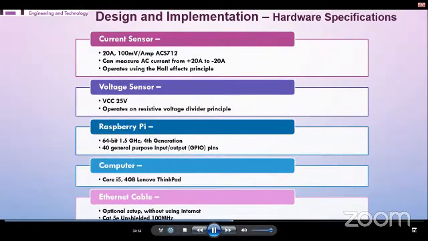To design and implement the solution, a set of hardware components are required. A 20 ampere, 100 millivolt per amp ACS712 current sensor, a VCC 25 volt voltage sensor, a 64-bit 1.5 GHz Raspberry Pi computer, and optionally a 100 MHz Ethernet cable are recommended.